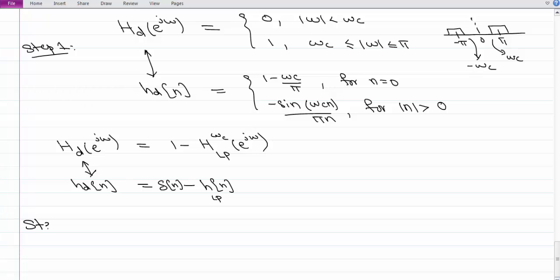So step 2, again, someone came and told you you want to work with a filter of length 2M plus 1.